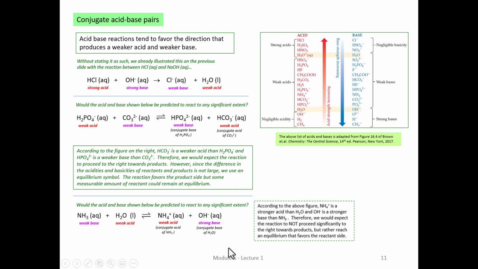And of course, the hydroxide ion is a stronger base than ammonia. It's below ammonia on this list, and remember, the strongest bases are on the bottom. So what we'd say here is that when this equilibrium sets up, it would probably favor the left side. In other words, it would favor ammonia not reacting very much with water to form ammonium ion and hydroxide.